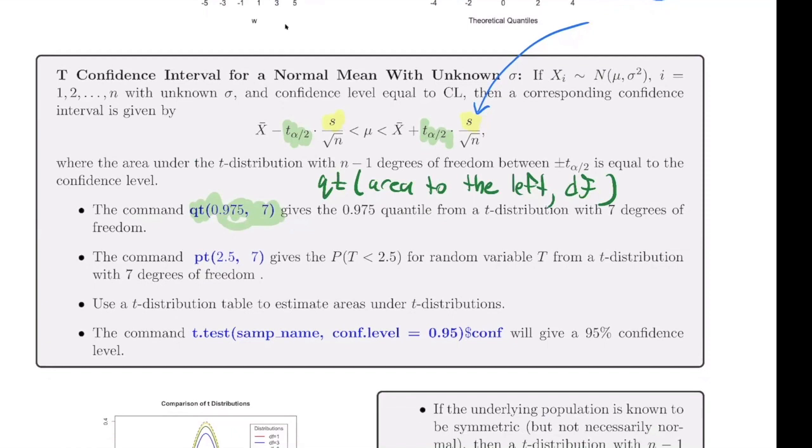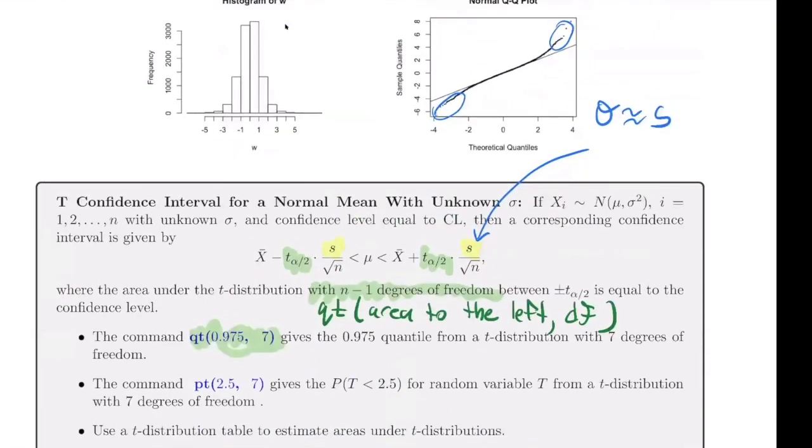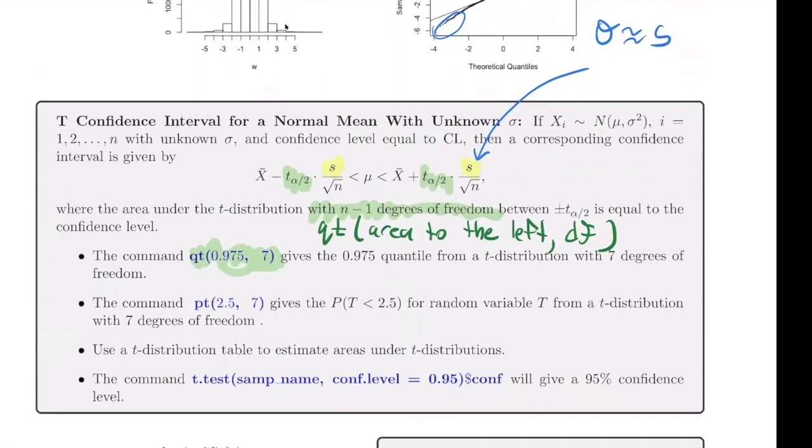And how do you figure out what the degrees of freedom are? The degrees of freedom depend on your sample size. The degrees of freedom are going to be one less than how many things you have in your sample. So it's always just n minus 1? It's always going to be n minus 1, yes.